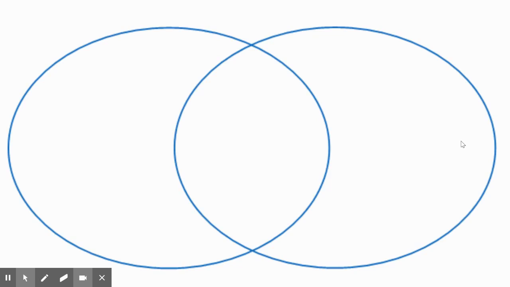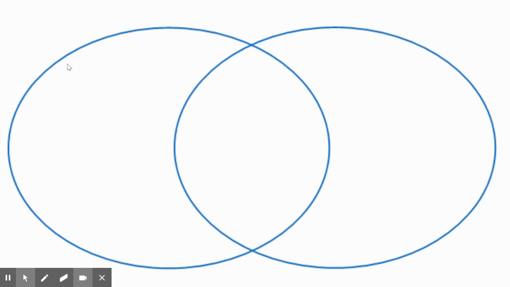It is two ovals that overlap in the center. This may be familiar to you from first grade, but I want to highlight something about this graphic organizer. The center part, where the two ovals overlap, is where we will write down things that are the same.